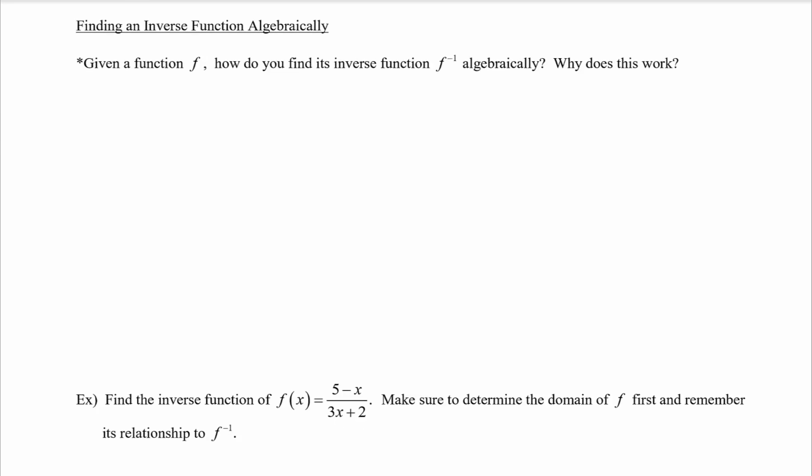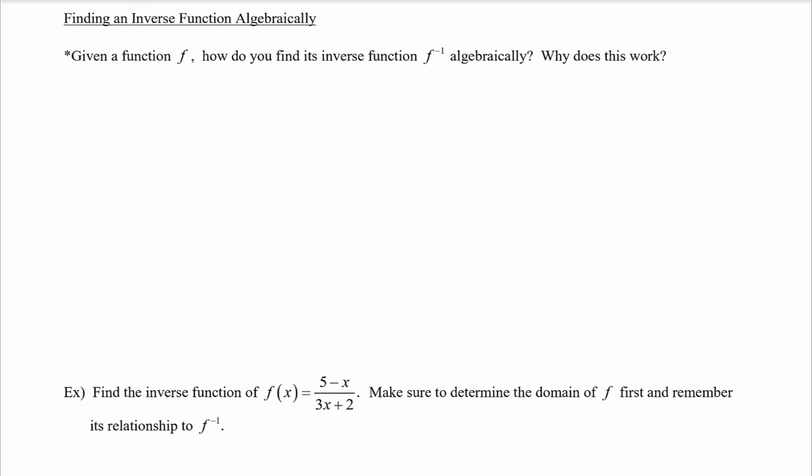All right, so if you have a function, how do you find its inverse? Well, it's kind of been staring us in the face the whole time. The domain becomes the range, and the range becomes the domain. All the x values on the original become y values on the inverse, and all the y values on the original become x values on the inverse. So to find the inverse, the answer is kind of right there.